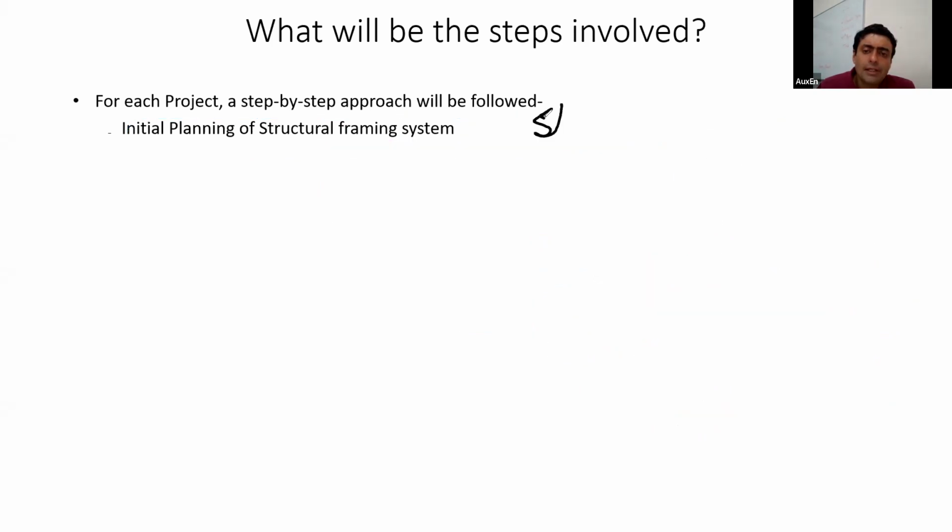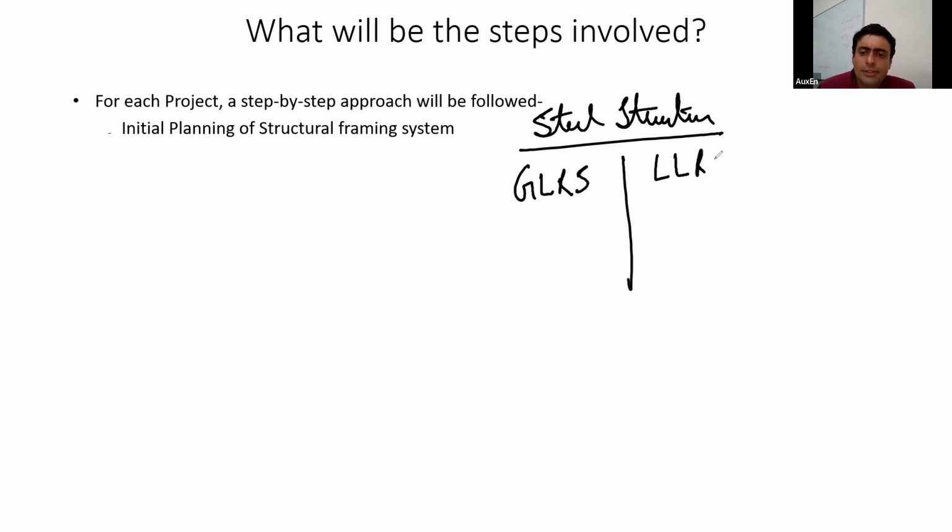Similarly, in steel structures, what are the common systems you will see? Yes, tell me. In steel structures, what are the common gravity load resisting systems you see? And what is the common lateral load resisting system? To take care of gravity loads, you can have a moment frame system, just like RCC.